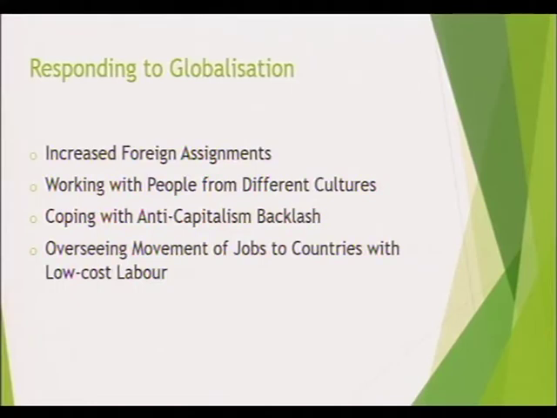There's also an enrichment that comes in the organization, that organizations tend to be more diverse, working with people from different cultures, different times of the day. So organizations don't need to shut down. They can have different offices in different parts of the world. And then there's also the coping of organizations with the anti-capitalism backlash. There's also the issue about overseeing movement of jobs to countries with low-cost labor.